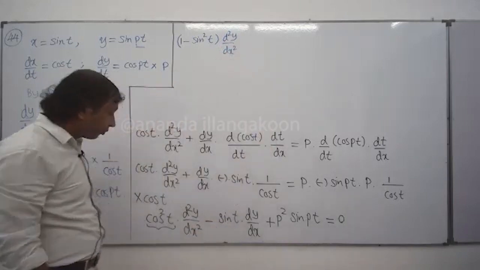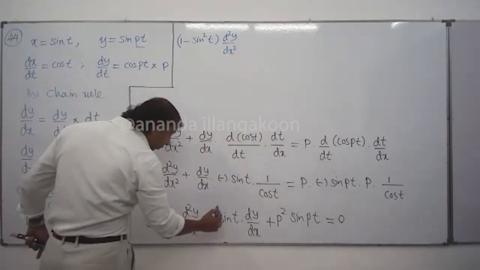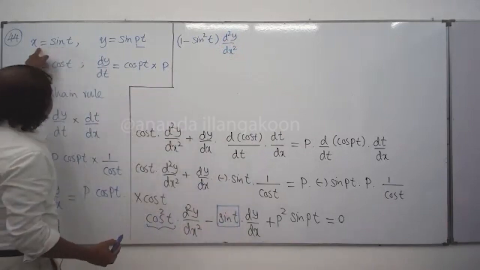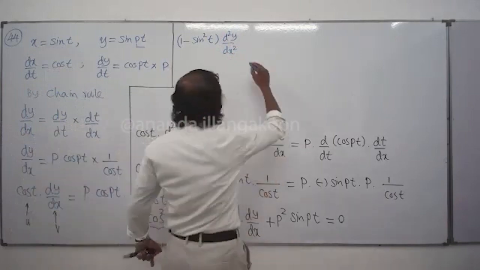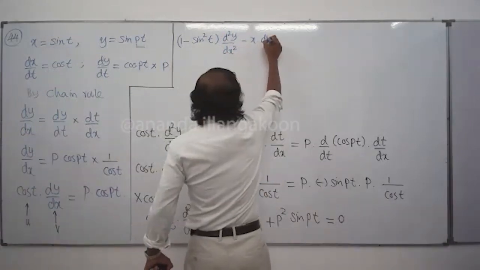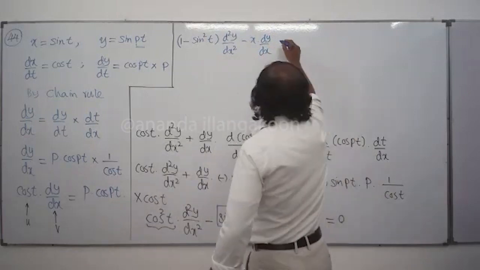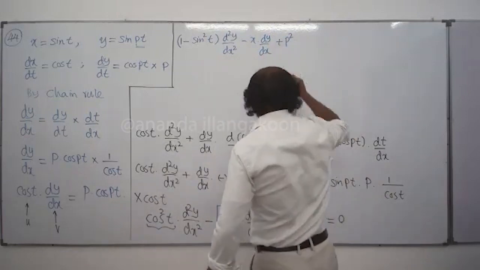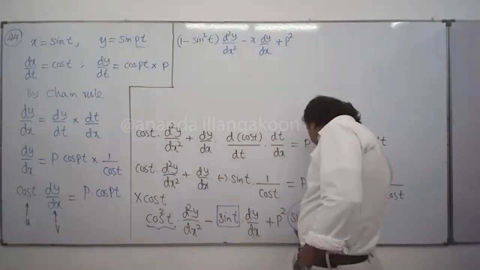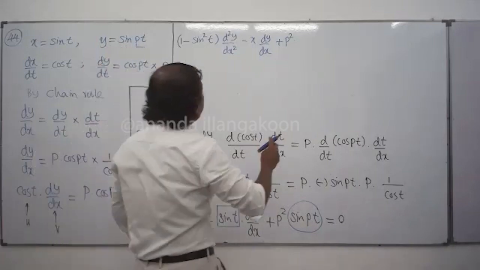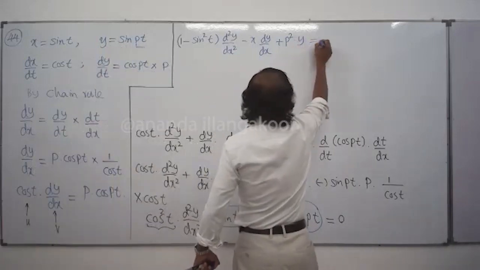Right. Now sine t. People, what is sine t? Sine t is x. Therefore, here minus x, minus 6 dy by dx, plus p squared. What is sine pt? Sine pt here is y, equals 0.